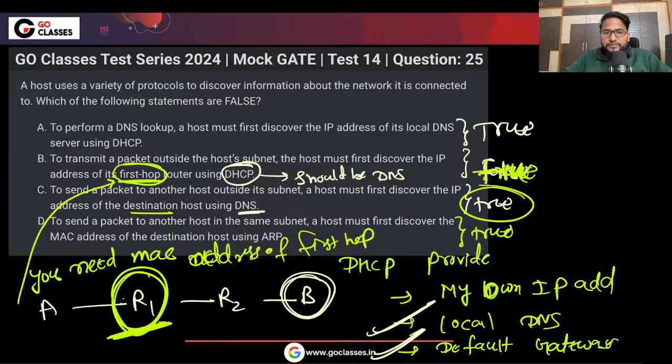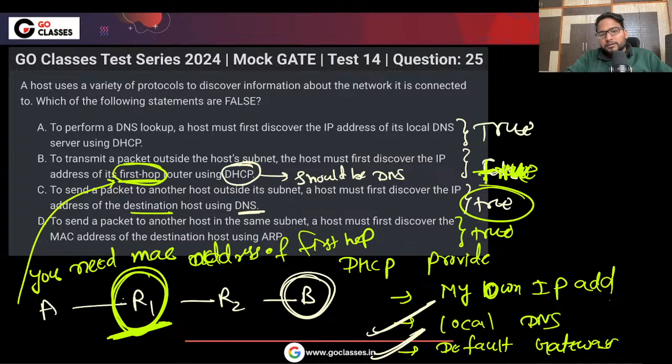This question must be asking either for true, or if it is asking for false, then all are actually true, because using DHCP you must first know the IP address of R1 or the default gateway.